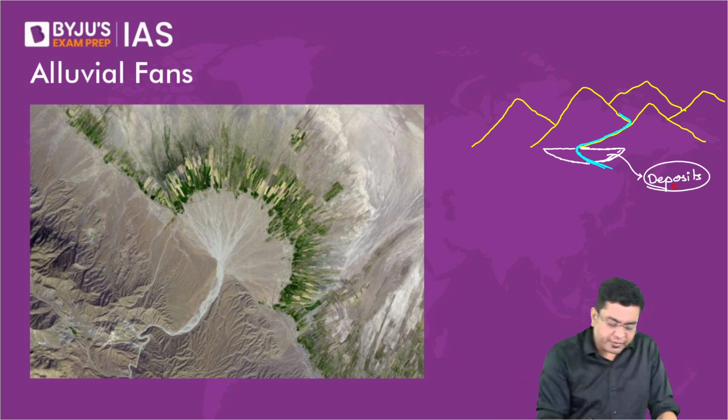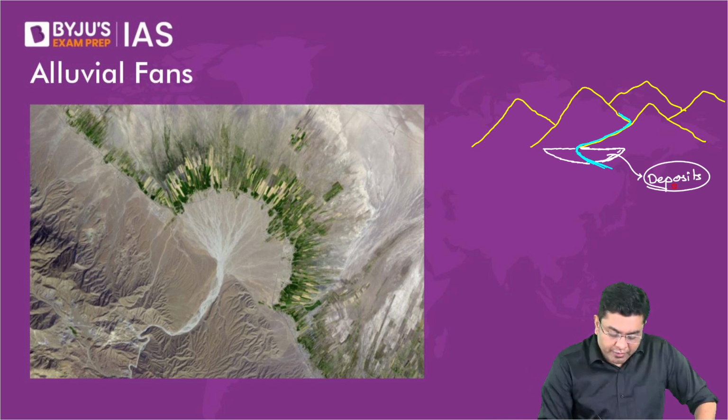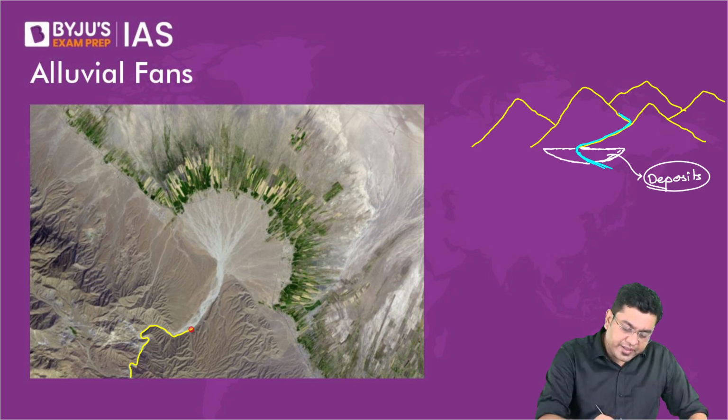So observe this particular image in specific. Observe how narrow the river is in the mountainous area. It is hurtling down the slope, and as it encounters the plain region, this line demarcates the plain area.